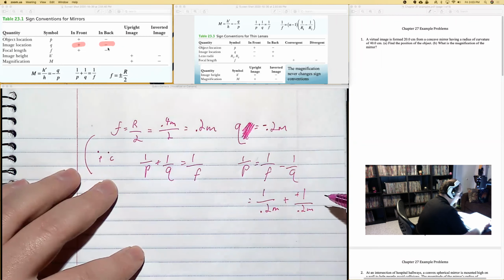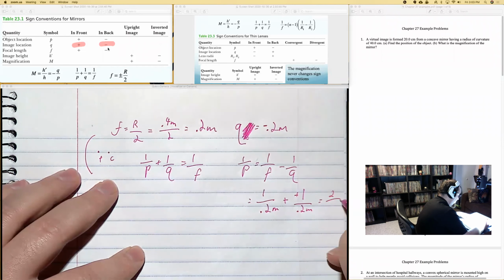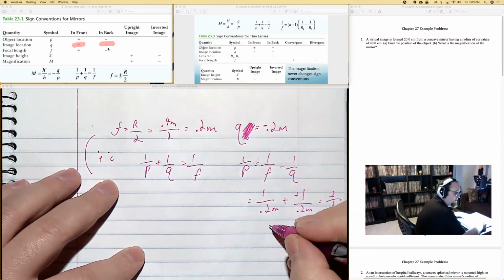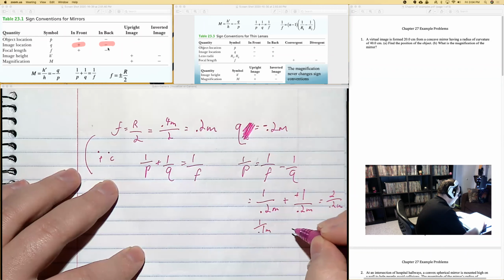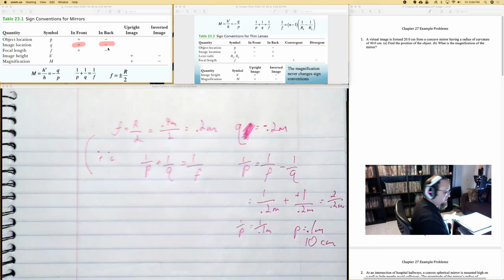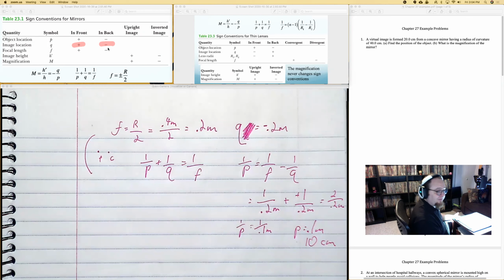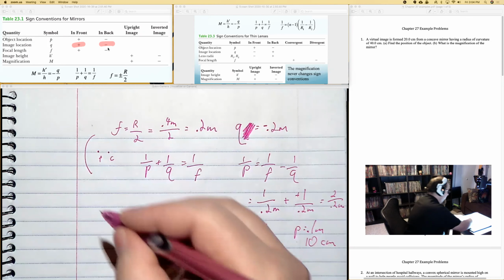So I'm going to get 2 over 0.2, which I can reduce to the same as 1 over 0.1. And if 1 over P equals 1 over 0.1, that means P is 0.1 meter, or 10 centimeters. That's going to be the distance of the object. Didn't even need a calculator.